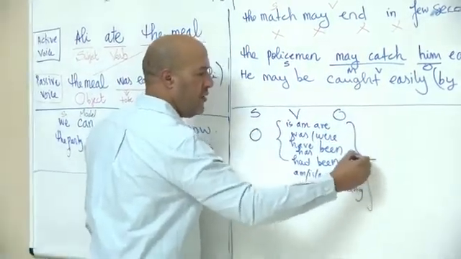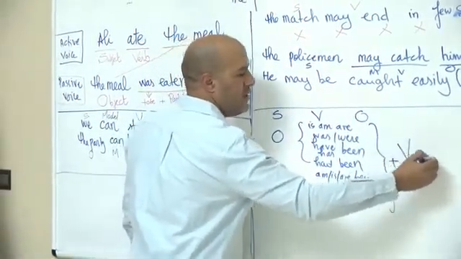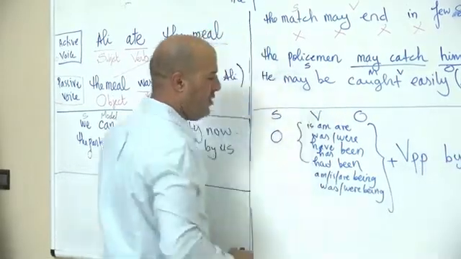So this is the verb to be plus the verb past participle, of course, by the subject.